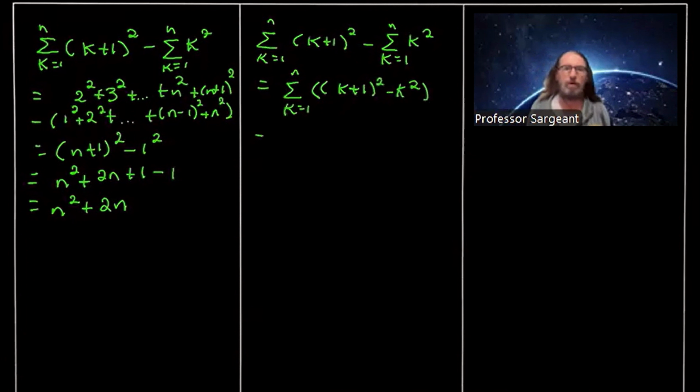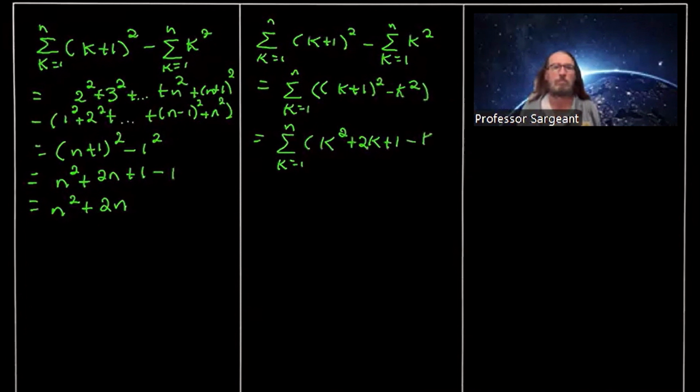Next, we will multiply out the quantity k plus 1 squared and combine like terms. And when we do so, we'll start to see something that looks like what we're looking for. We're looking for the sum of the first n positive integers.